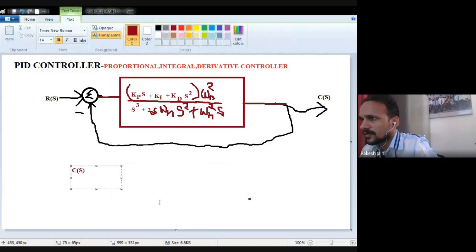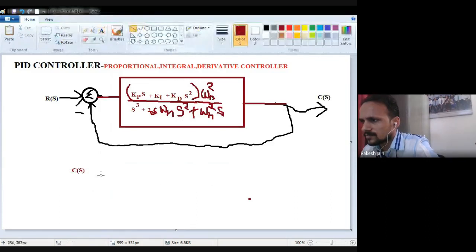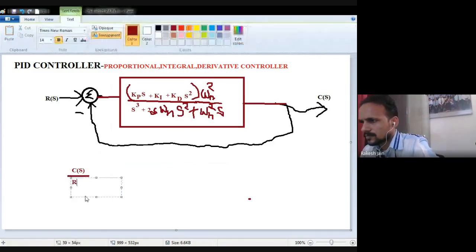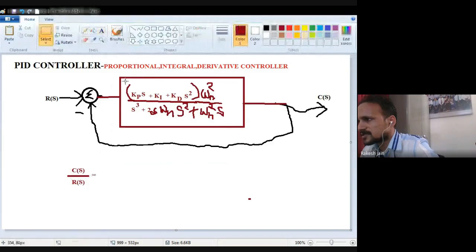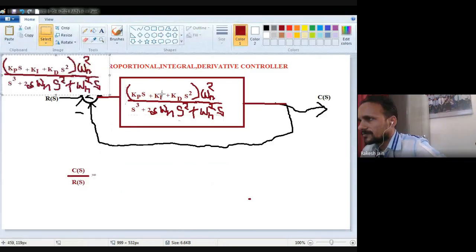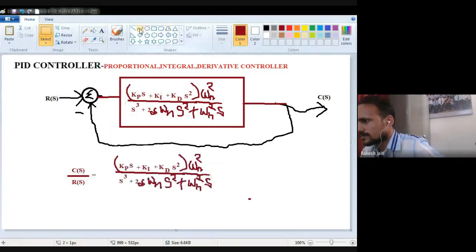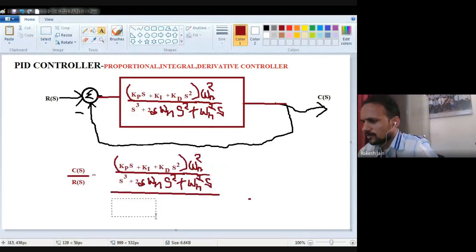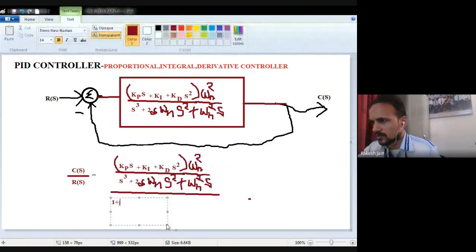C(s) divided by R(s) will be equal to the forward gain, so I just copy and paste this one, divided by 1 plus, because it is negative feedback, forward gain into feedback.